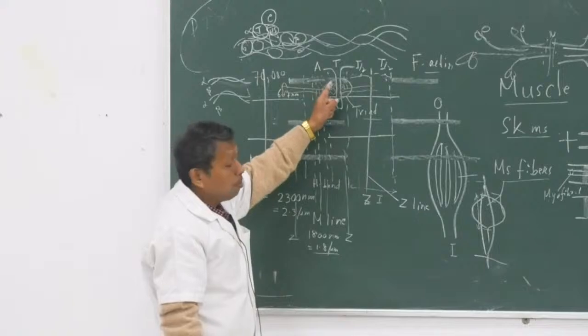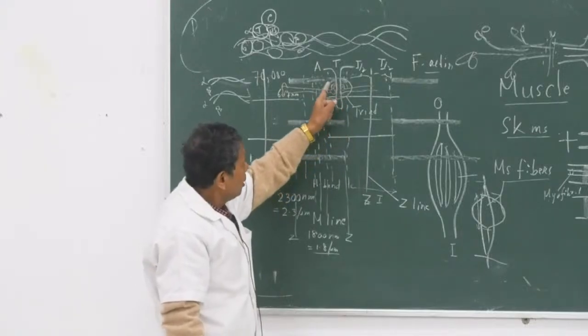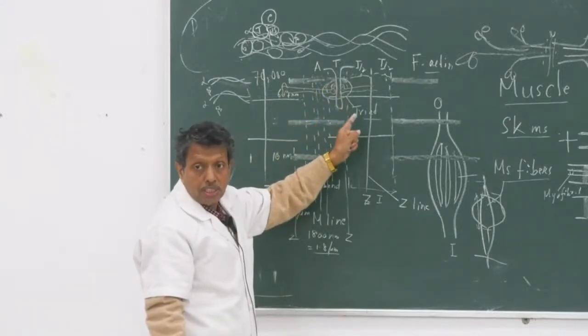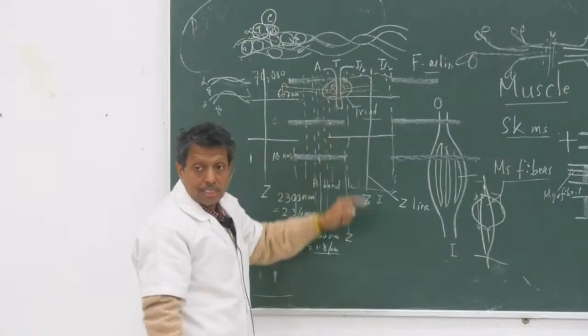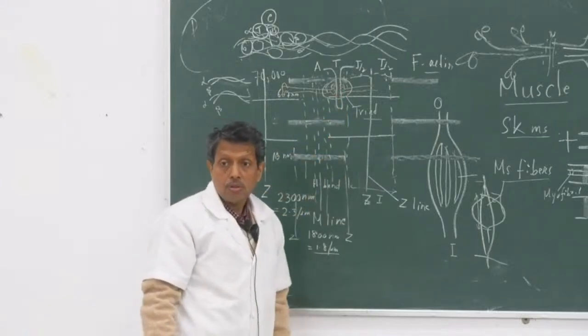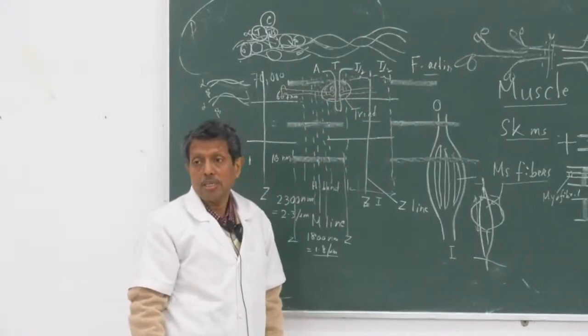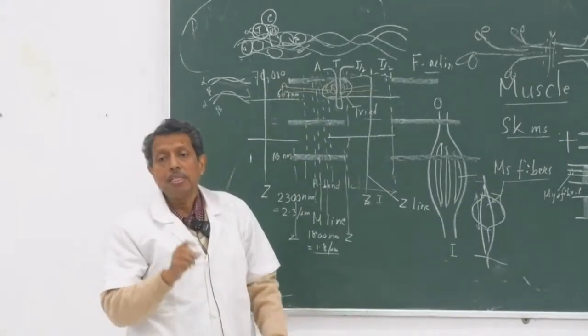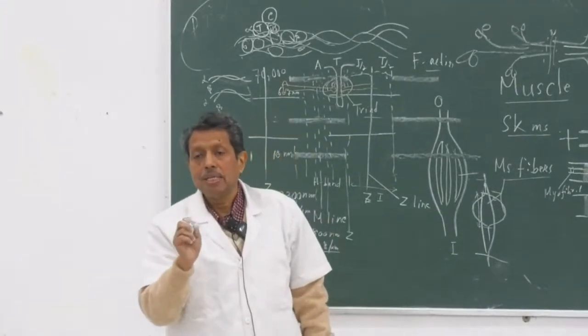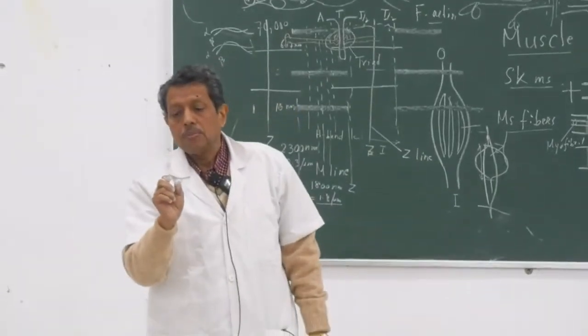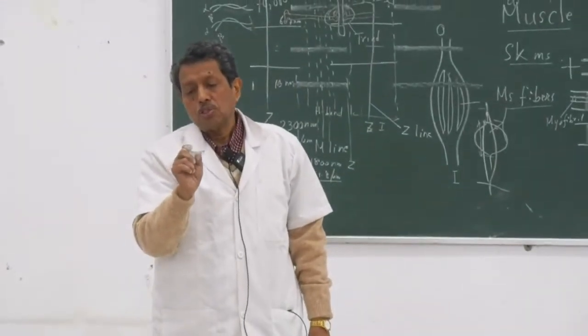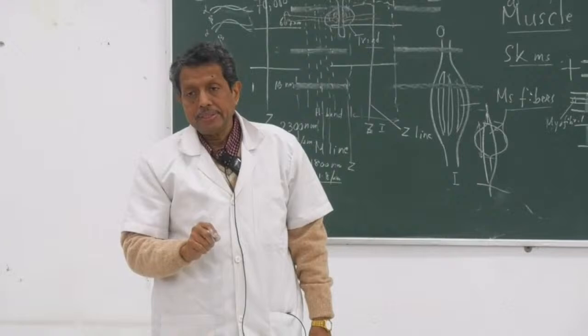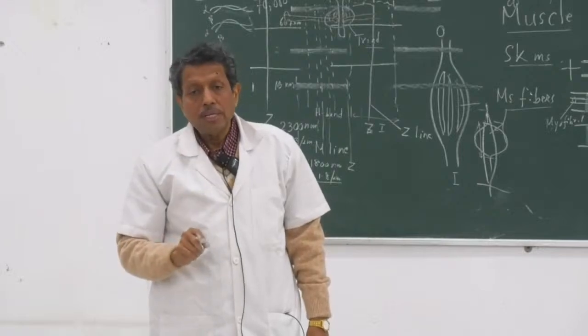The T-tubule is required to bring the action potential within this structure, within the cytosol. In the case of smooth muscle, in some cases, multi-unit smooth muscle, the cells are very short in length, and there is no requirement of T-tubules.